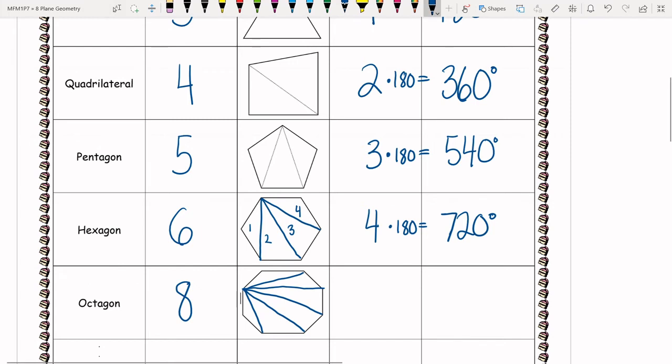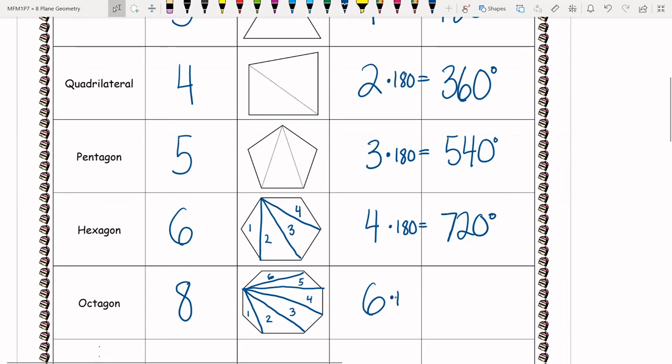There you go. We have 1, 2, 3, 4, 5, and hopefully you were able to guess that we would have 6. How would you have done that? 8 for the number of sides, subtract 2. The difference between the number of sides and the number of triangles is 2. So 8 minus 2 is 6. Now how can we find the sum of the interior angles?